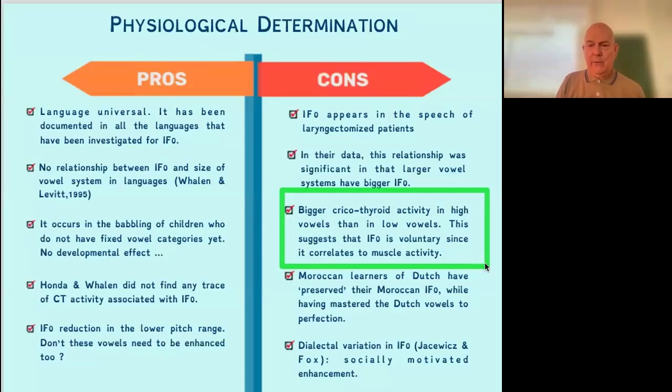They have found that there is more cricothyroid activity in high vowels. So if there is muscle activity that is controlled at a neural level, it could be taken as an argument for saying it is actually controlled.